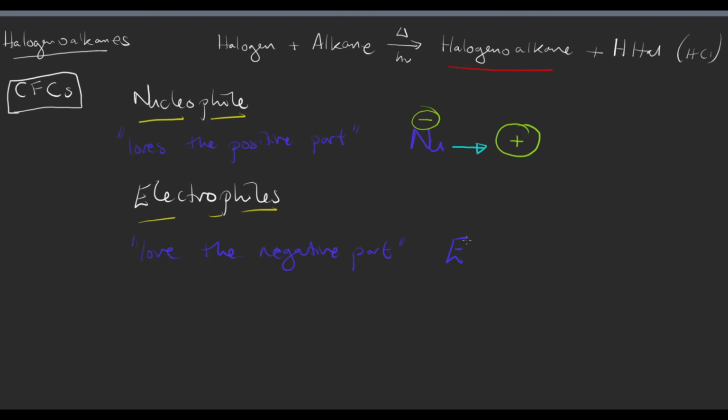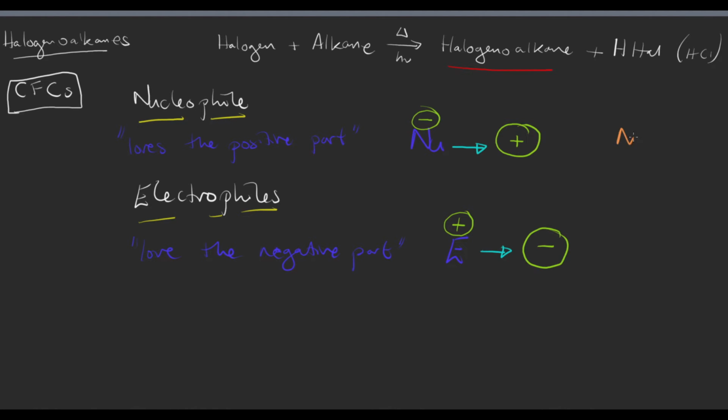So if I draw E as an electrophile, and I show it likes to head towards negative things, then that means that we know that the electrophile must be kind of a bit positive. Now be careful, this doesn't necessarily mean that they are charged. So some things are charged. For example, earlier on we talked about sodium hydroxide, okay, and we drew that as OH minus. So this is charged, but not all nucleophiles are charged.